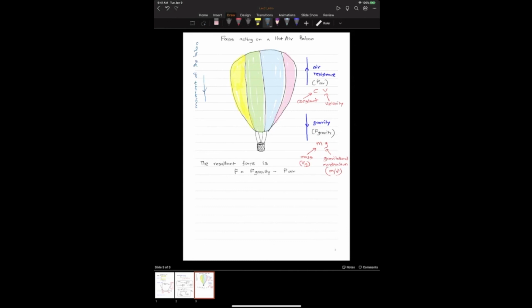There might be other forces acting in reality, but let's assume only these two. If that's the case, the resultant force on the balloon is gravity in one direction, downwards, and then air resistance upwards. So the resultant force on the downside will be F gravity minus F air.